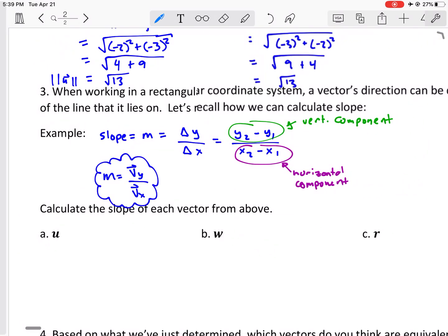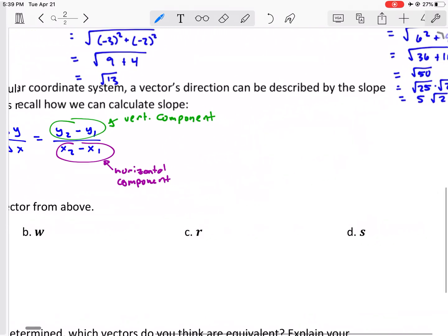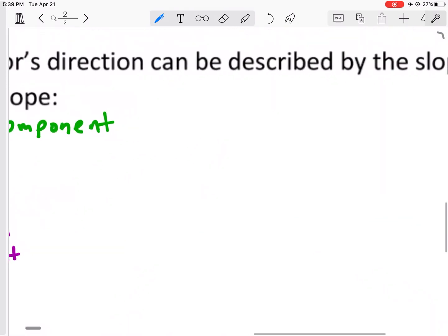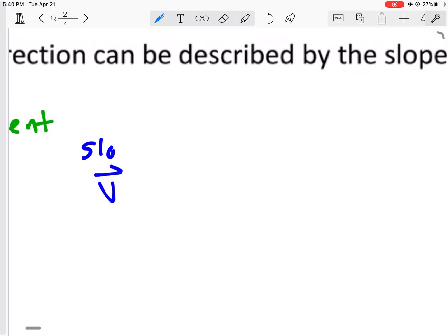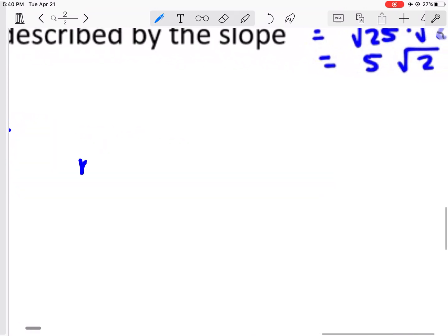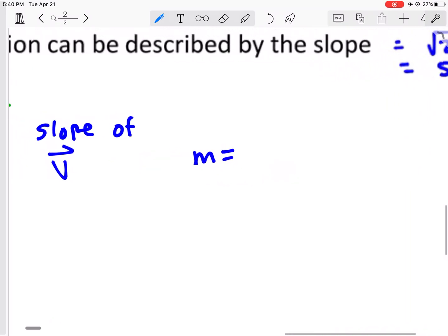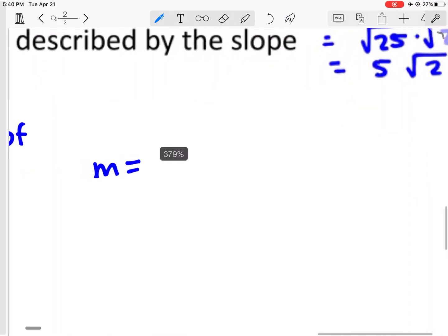So for our vector, v, as my example, we're looking for the slope of it. Well, m, our letter for slope, would be equal to its vertical component.